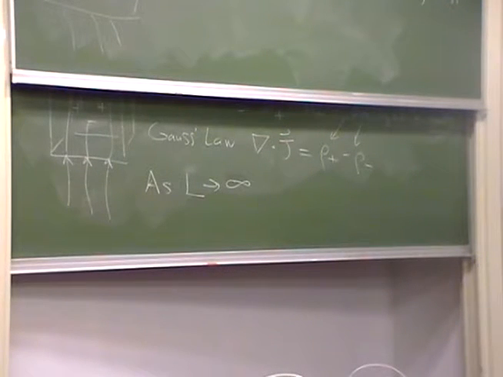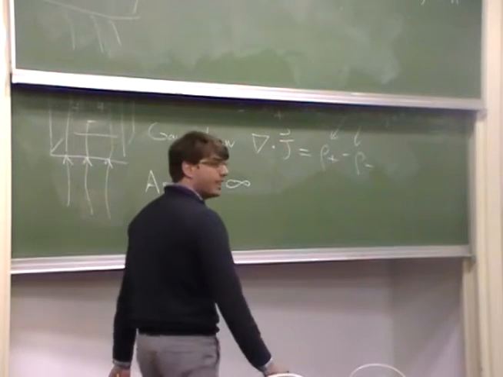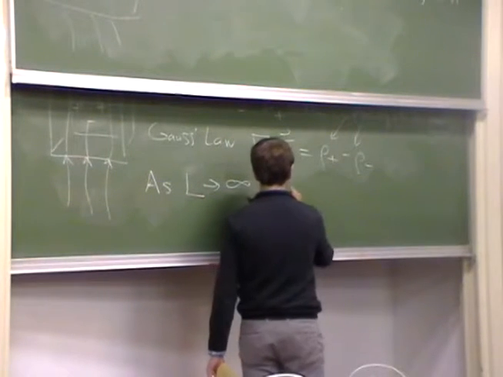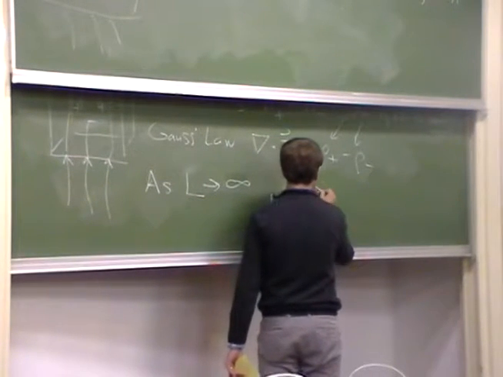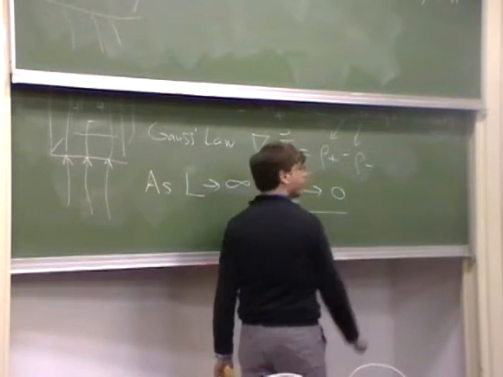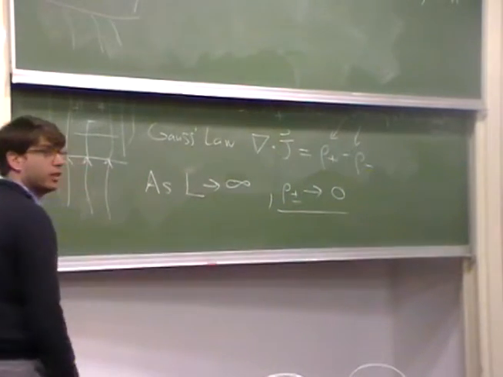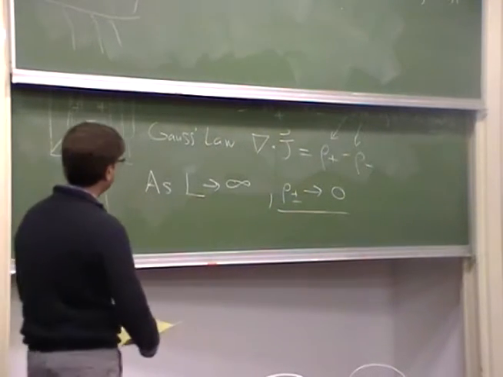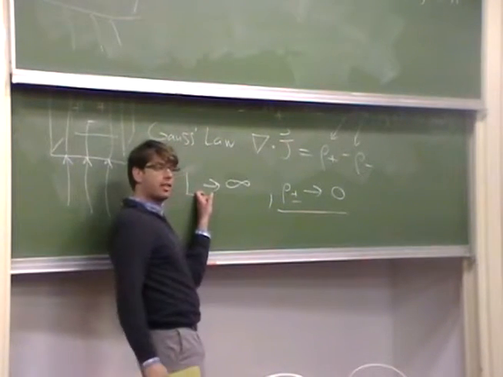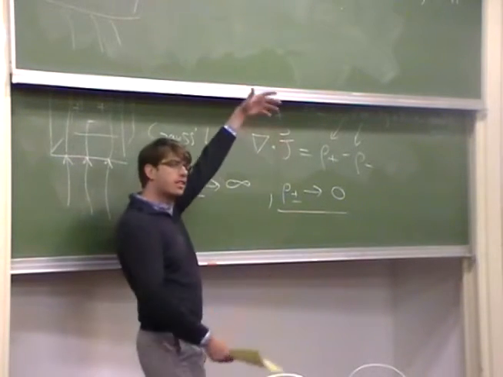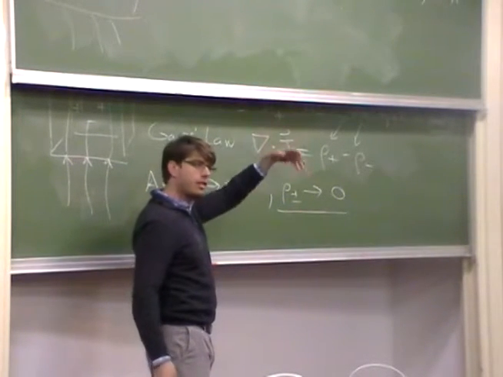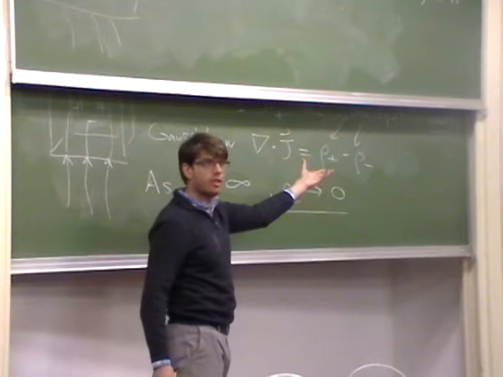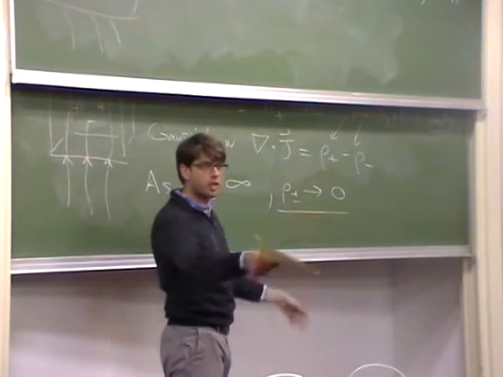Why 0? So the concentration of ends at fixed volume fraction depends inversely on the length. So as I imagine taking the length of this chain to infinity, the number density of ends is going to be 0. Are there questions?